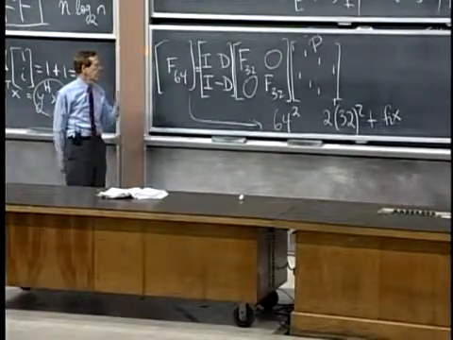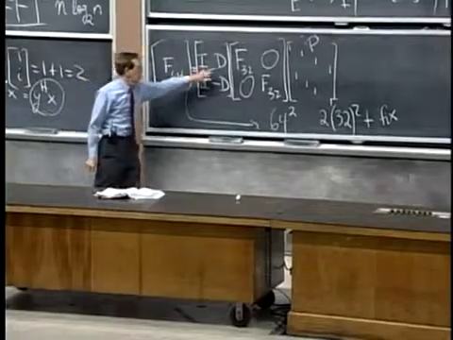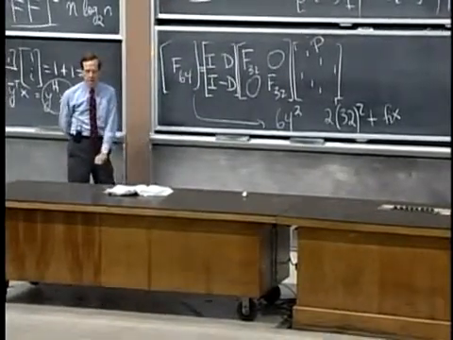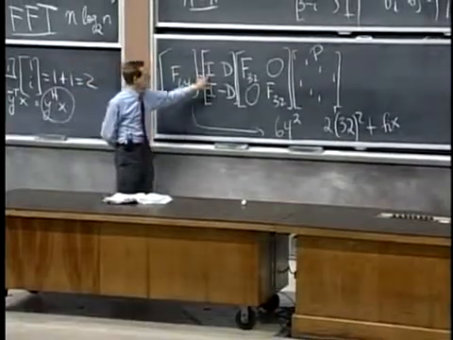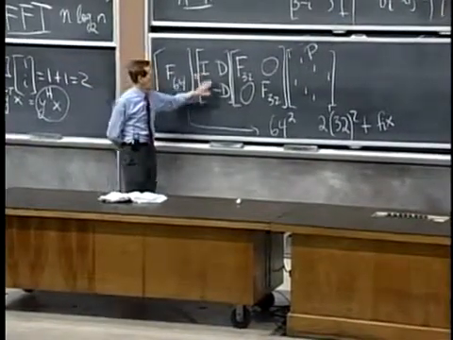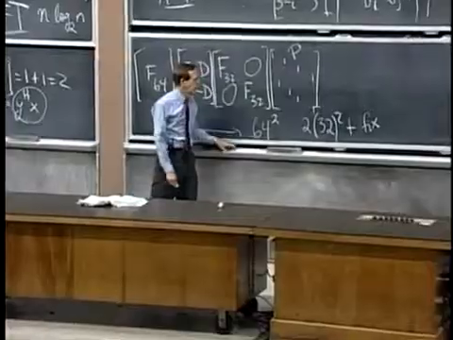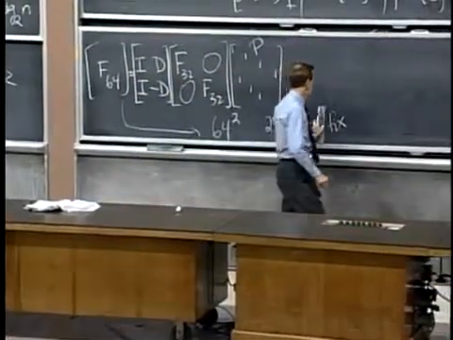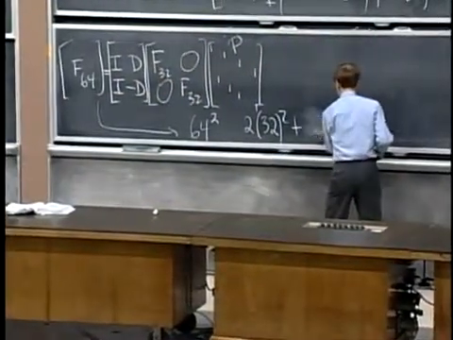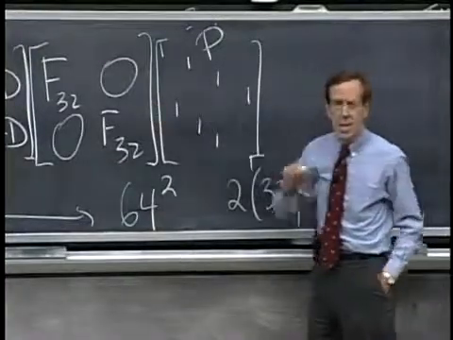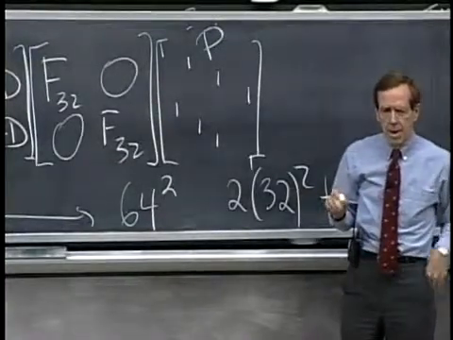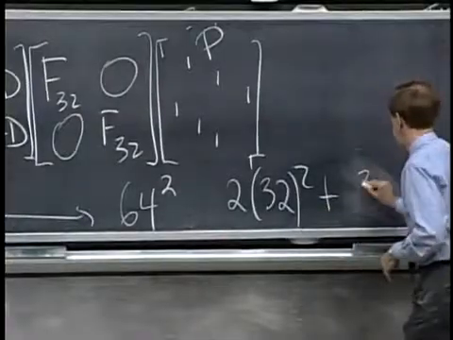So the fix-up cost is really the cost of multiplying by D, this diagonal matrix, because there's essentially no cost in the I part or in the permutation part. Because D is diagonal, the fix-up cost is essentially 32 multiplications.